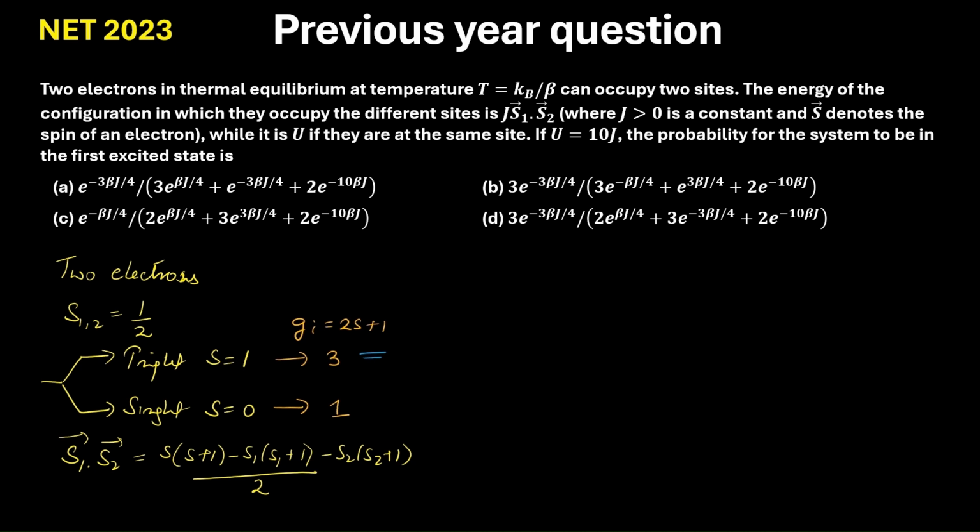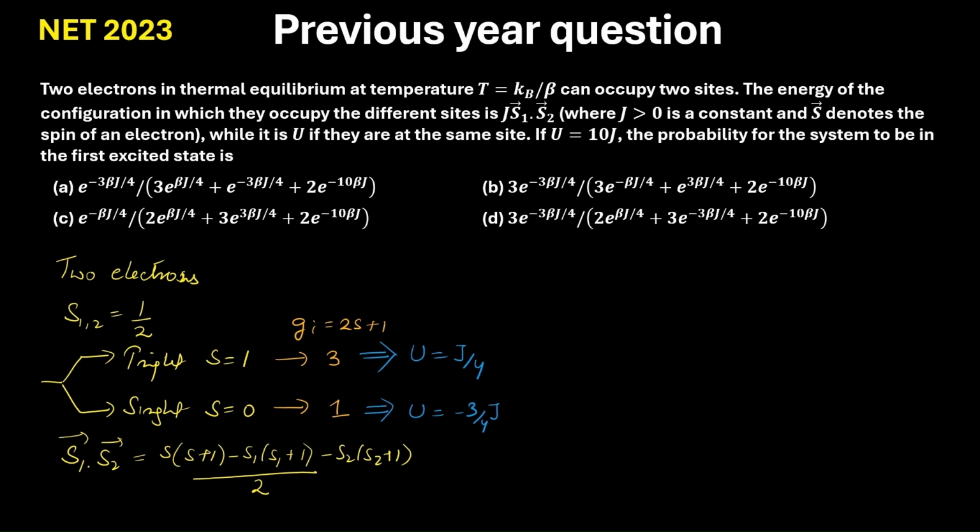So for triplet, if you substitute S1 and S2, then you'll get the energy equal to J by 4. And for singlet, you'll get the energy equal to minus 3J by 4. Now, if we compare these energies, the singlet is the lower energy state, and the triplet is the excited energy state.